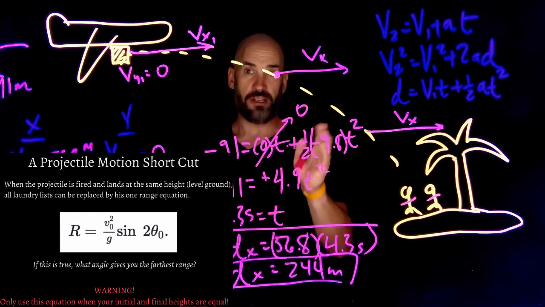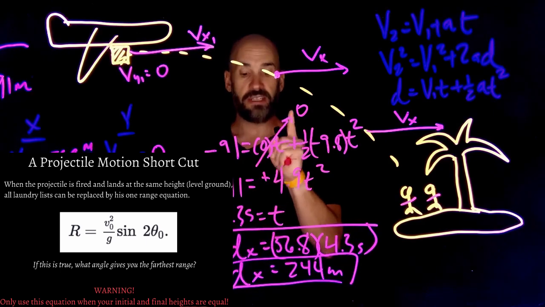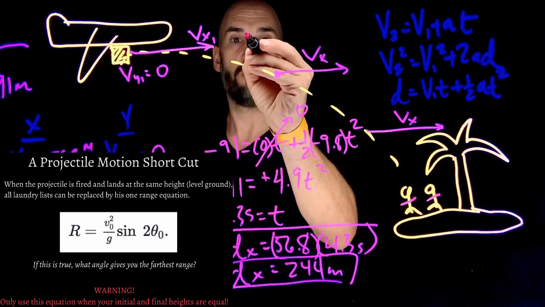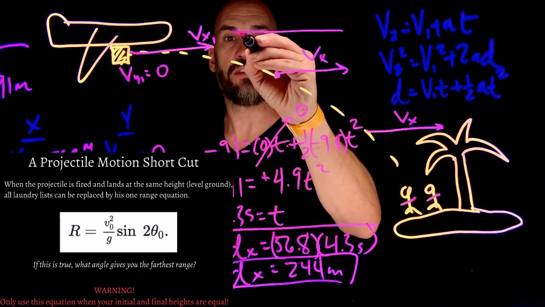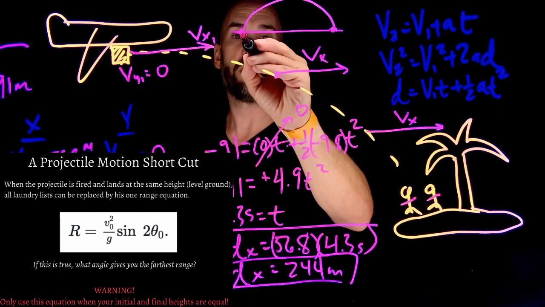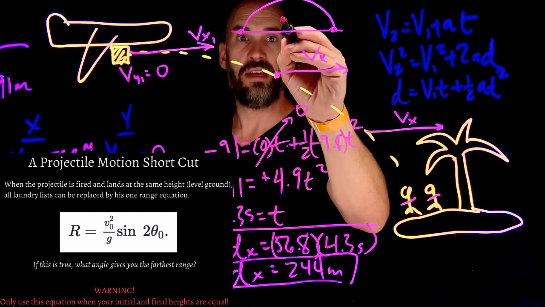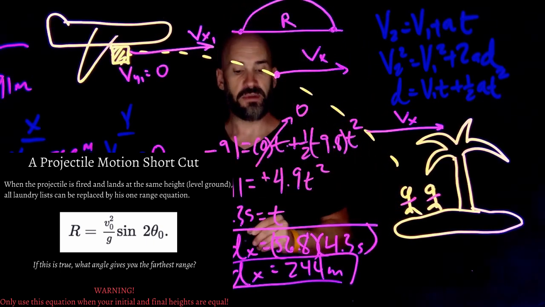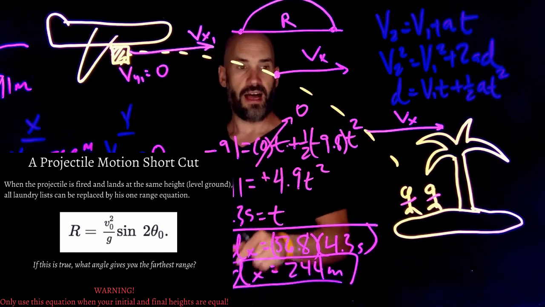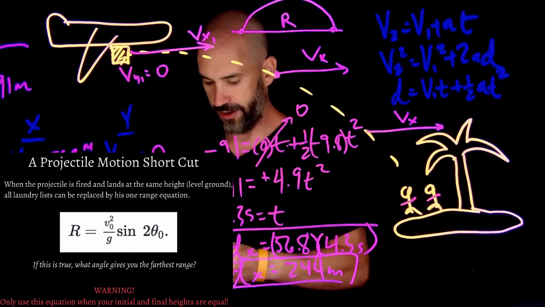So we just found a range, right? There's a shortcut to finding the range if and only if it's the sort of situation where the object is launched and lands on the same height. So if you have an object launched at h equals 0 and then also ends at h equals 0, then this r can be calculated with this formula on this slide. Okay, I'll just write it again right here.